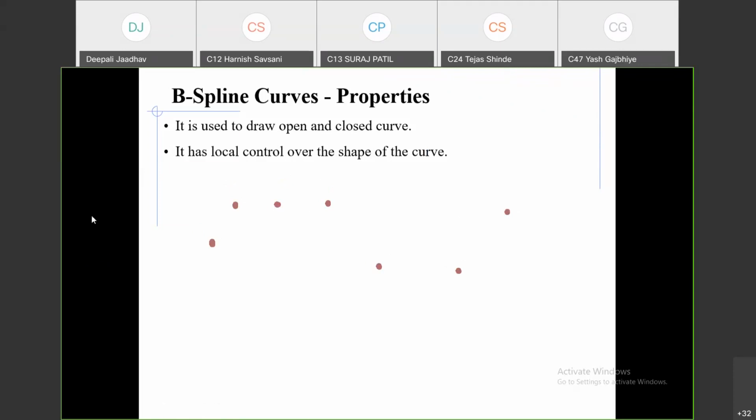I am going to draw here the polygon with the help of these vertices, drawn like a dotted line. And in this polygon, I am going to draw the curve. Suppose the curve is like this.